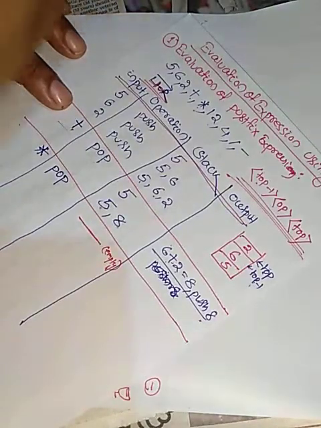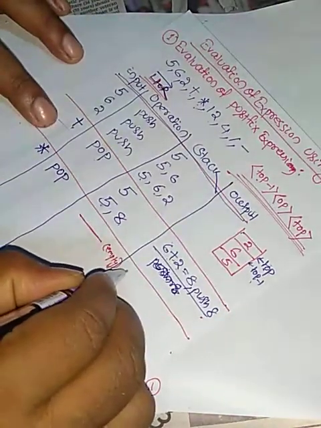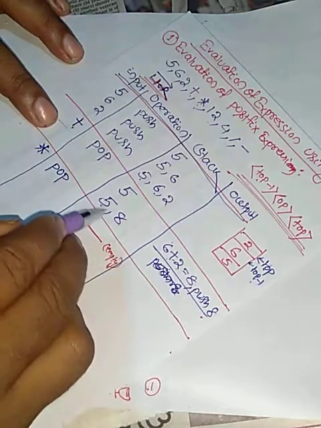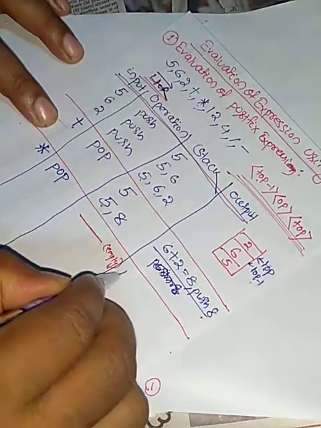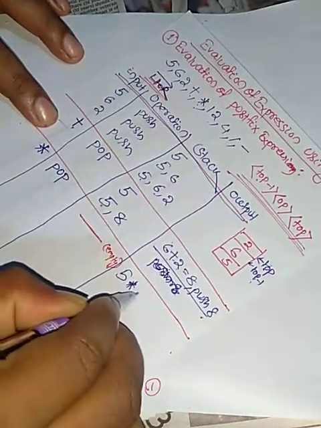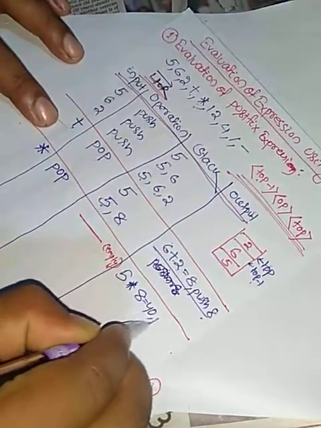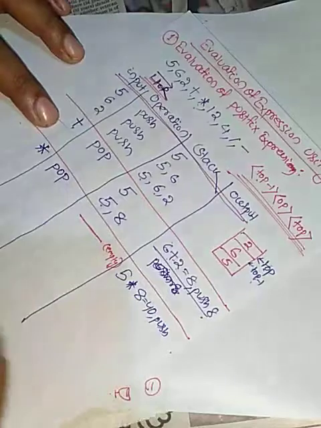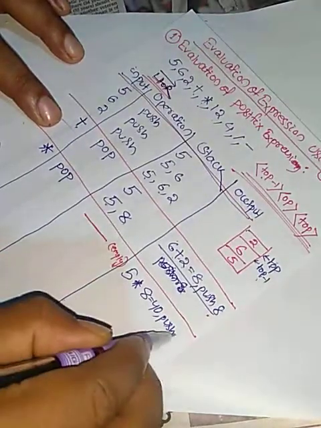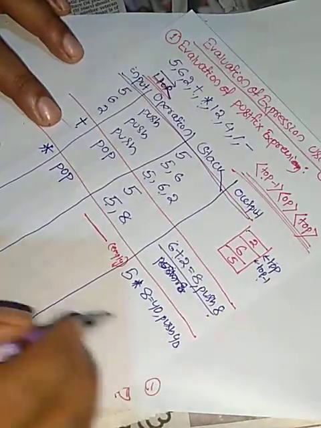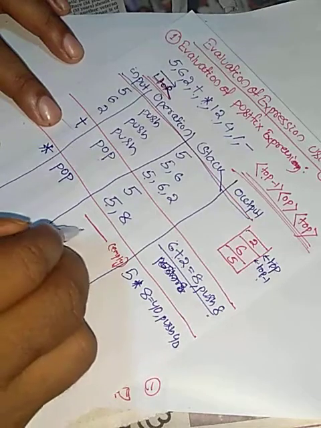Top minus 1, which is 5, is multiplied with top, that means 8, result equal to 40. Then push 40. After pushing 40, the result is there.